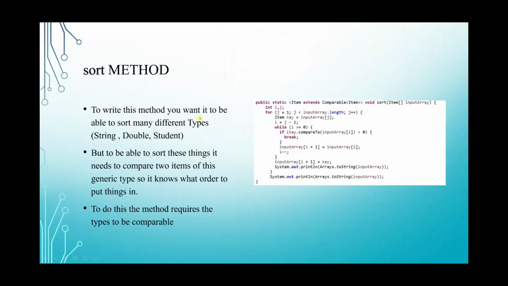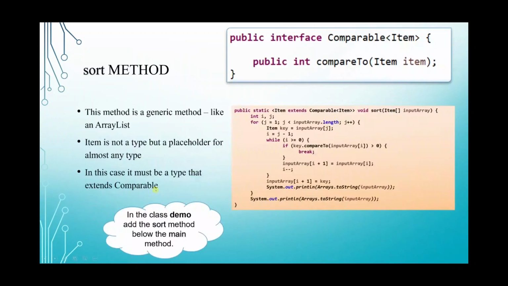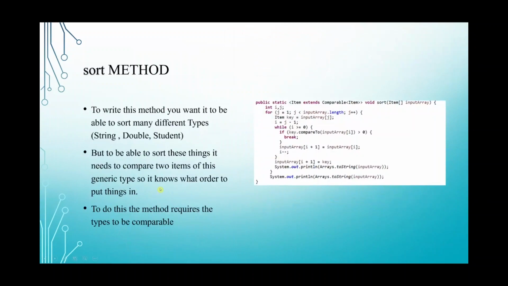So to write this method, you want it to be able to sort many different types. Because it's a placeholder, it could be replaced with a student, a friend, a double, a string, as long as this is a non-primitive data type. Now, to be able to sort these things, you need to compare two things. And to compare two things, you need to have these two objects be of type Comparable, right?